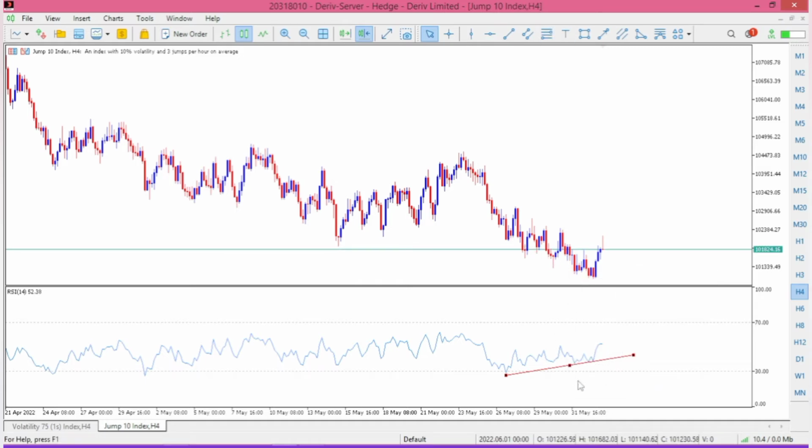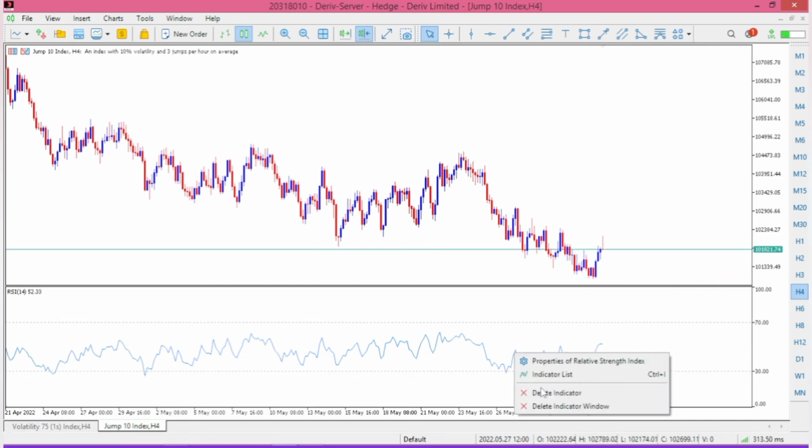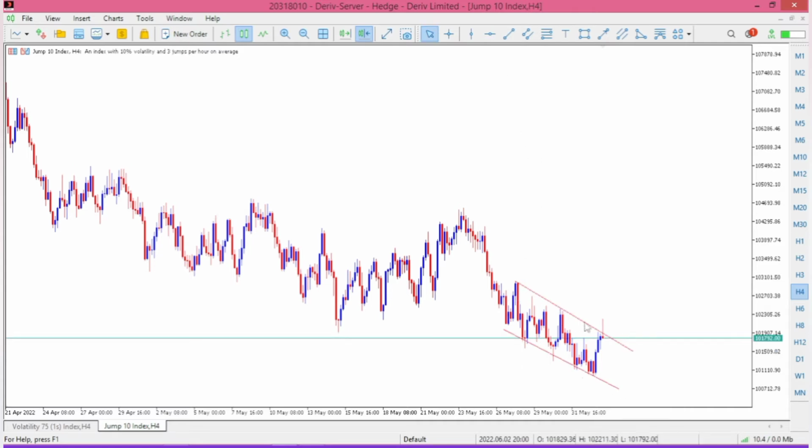But you can't just trade a divergence like that without seeing other confirmations that will support it. Another confirmation I can see right now is a trend line which also happens to be a falling wedge, where the anticipated breakout should be to the upside.